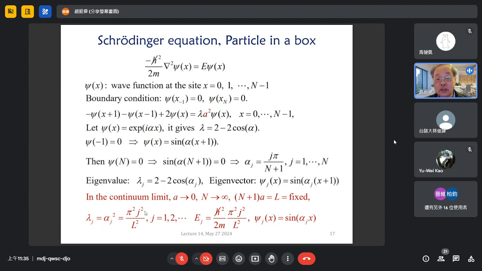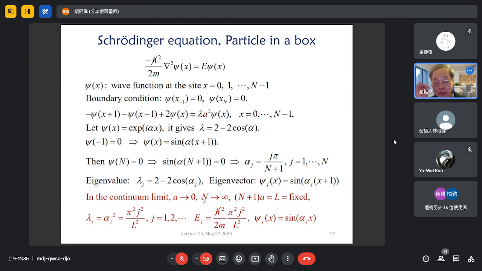And then in this case, the number of eigenvalues will go to infinity. It is quantized, discrete, but infinite, because the matrix is of infinite size, n by n.